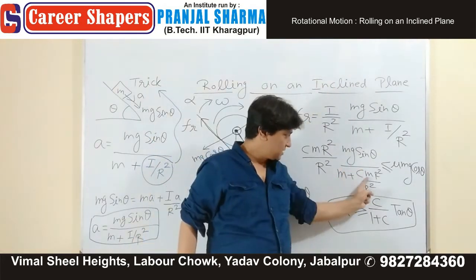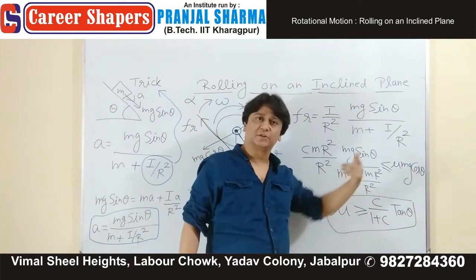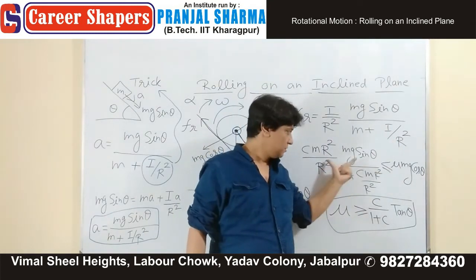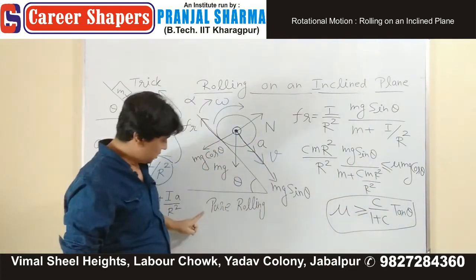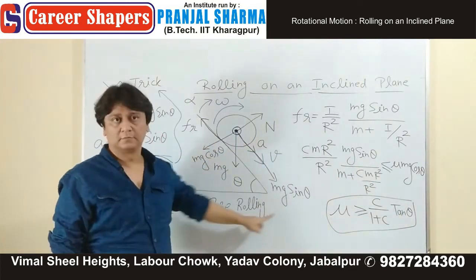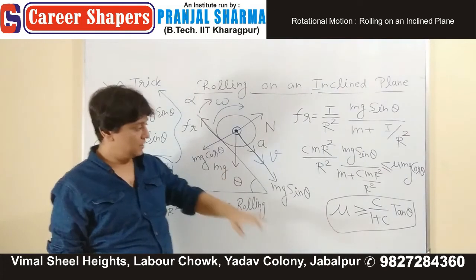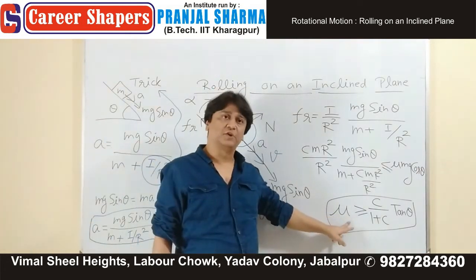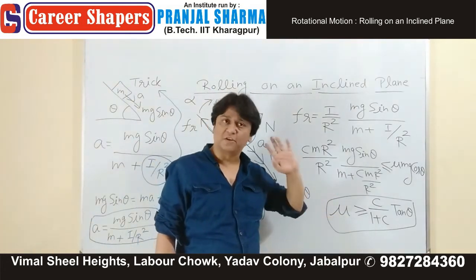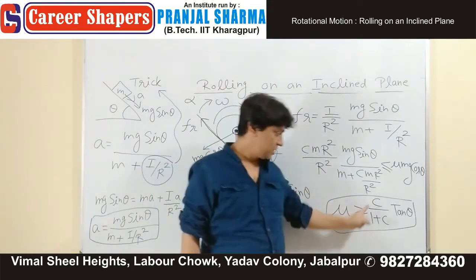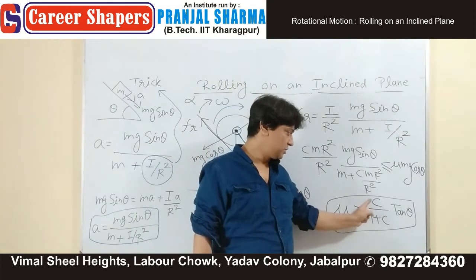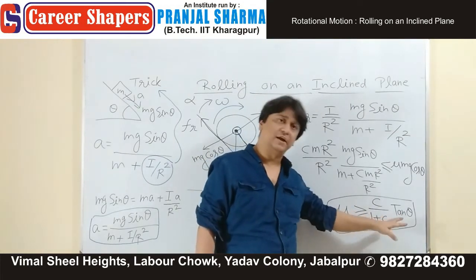This is 1 plus C, this is C, everything else is gone. This part becomes this. It tells us what? If you need pure rolling, then coefficient of friction should be sufficient enough. How much? This much. It should be greater than or equal to C upon 1 plus C tan theta.